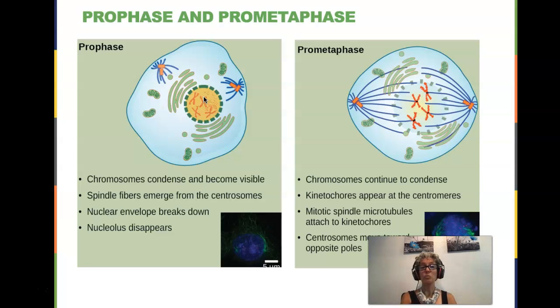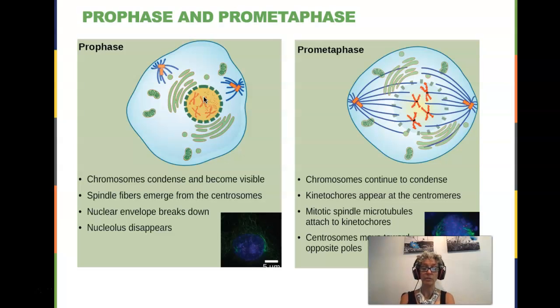When we get into prophase, the chromosomes have already duplicated. The chromosomes duplicate during interphase.